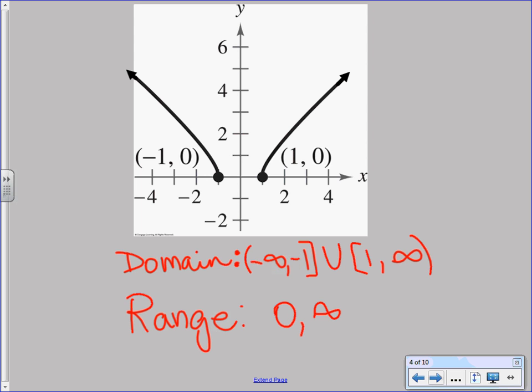Do we include 0? Yes. And infinity always gets a parentheses. Questions? Okay, you'll get to practice this notation tonight.